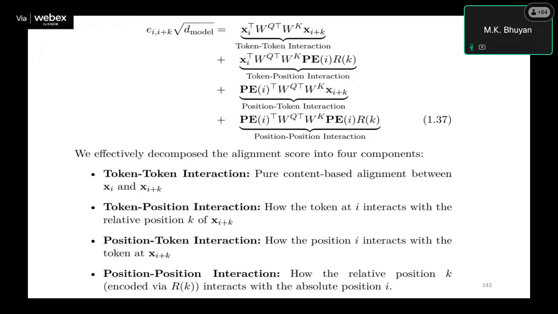If you see this expression, the first term is the token to token interaction. That means it is a content based alignment between x_i and x_{i+k}.